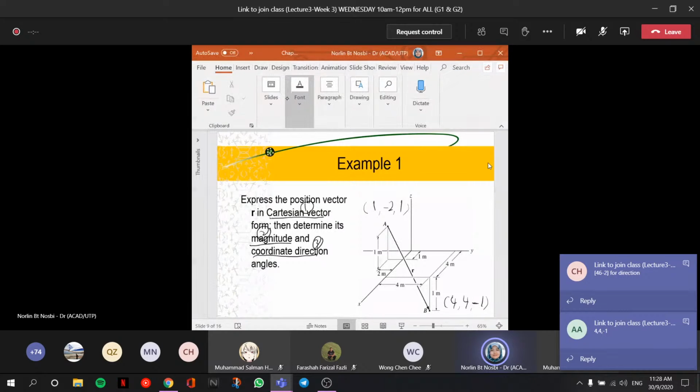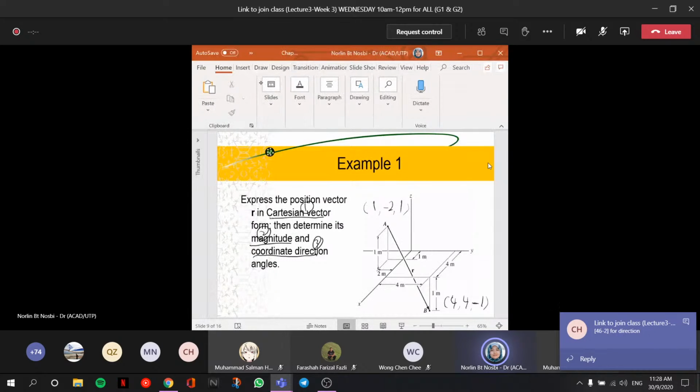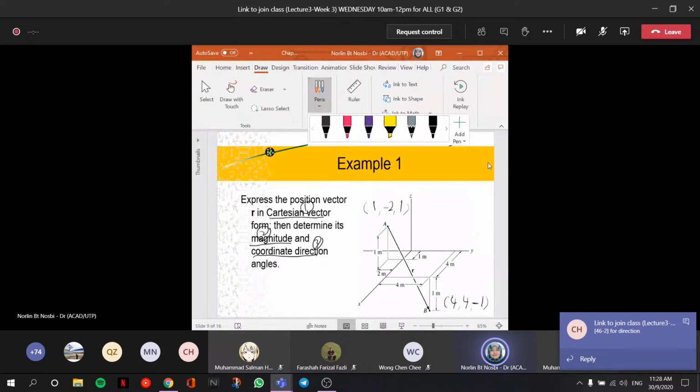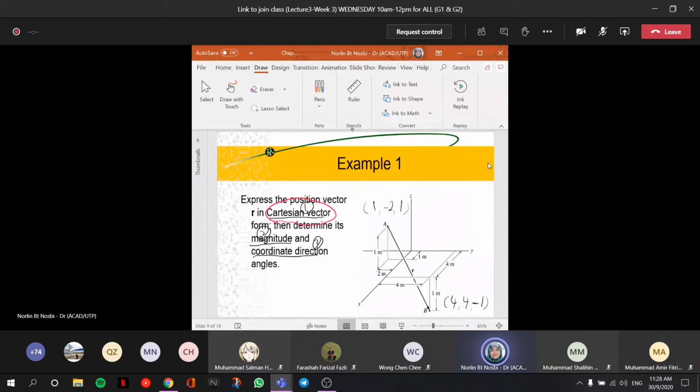So this one would be A equals i minus 2j plus k. And then for B is 4i plus 4j minus k.